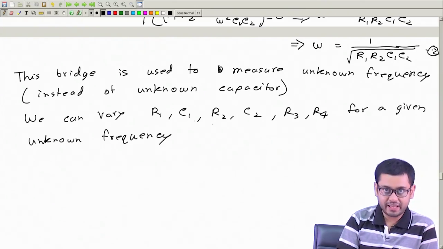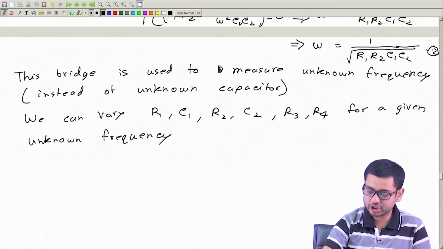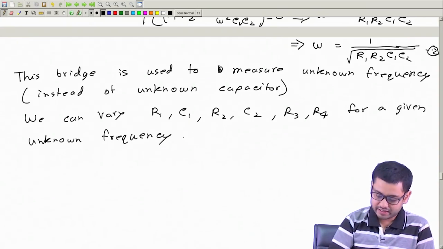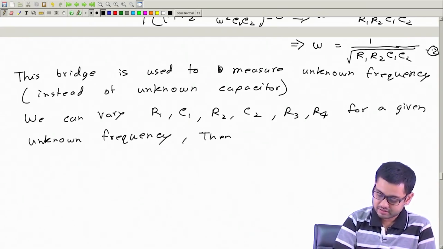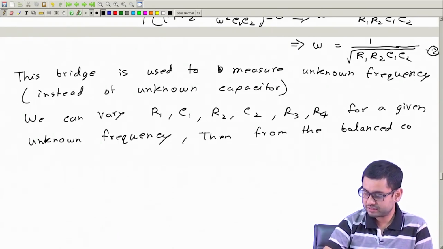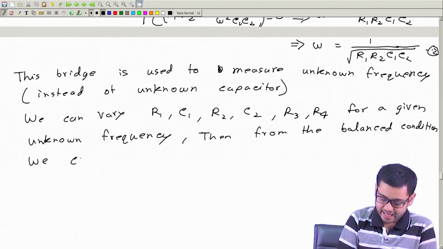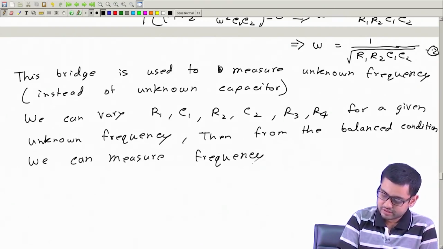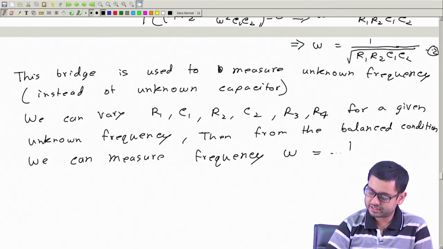And once we get the balance, from that, using this equation we can measure the frequency omega, from the balance condition, as this.